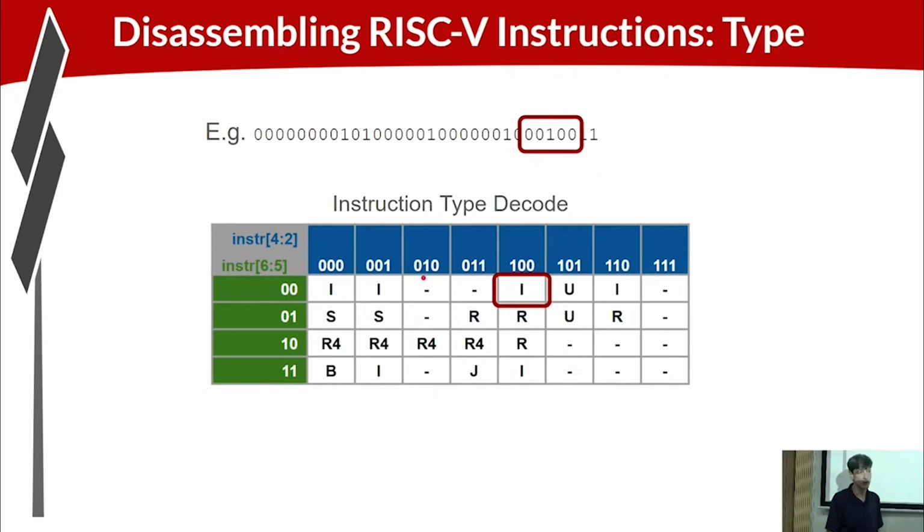Which 0? Oh, these 2 bits? Yeah, these don't factor into the type. What I just said, in the base instruction set that we're going to implement, these are always 1, 1.